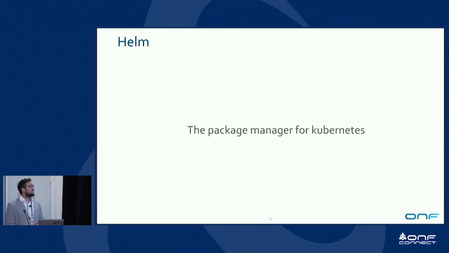And Helm, finally. This is the way we package applications in CORD. We provide a set of charts, and Helm defines itself as the package manager for Kubernetes, because most likely, these days, one application is not composed by a single service. It's probably composed by multiple instances of multiple services that together deliver you a feature.